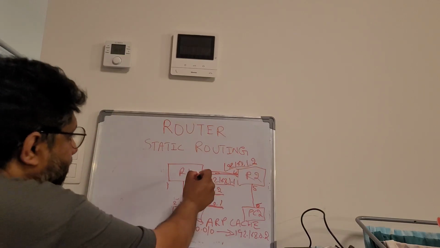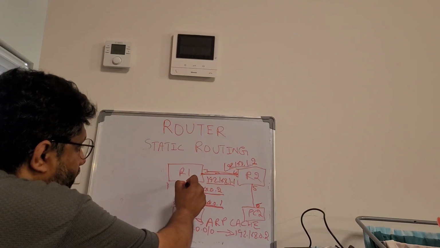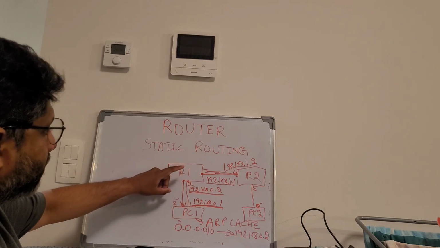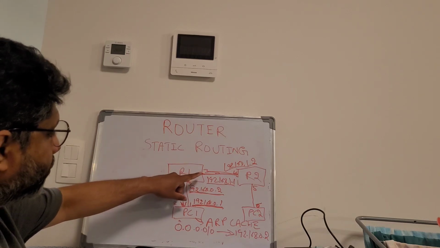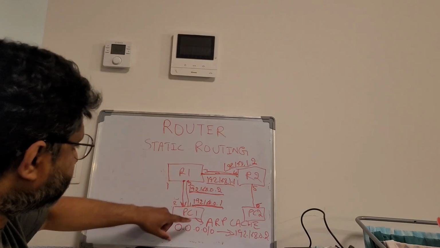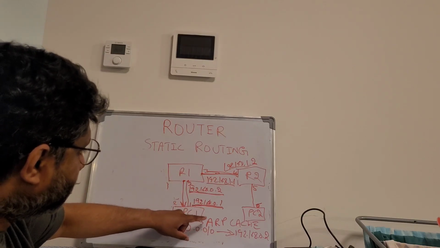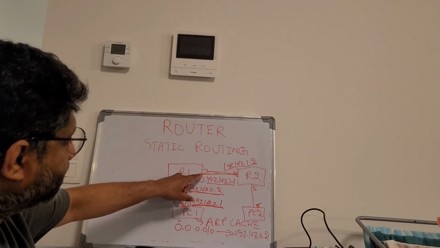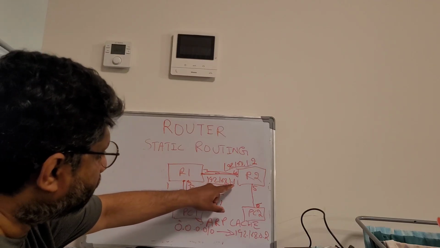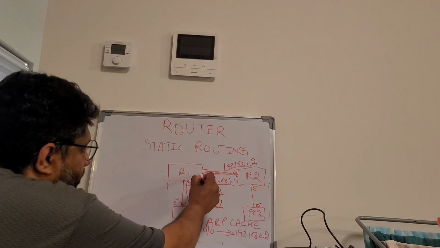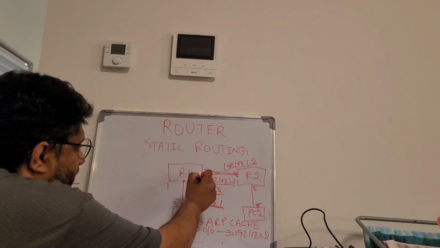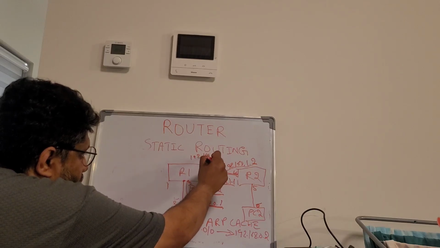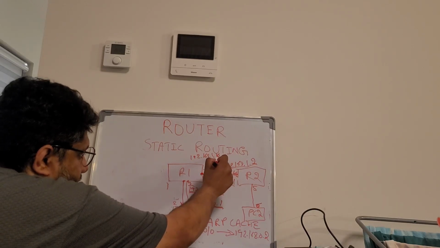It will fail because this router does not know, I'm wrong here. Since we are reaching 192.168.1.2, after adding the IP address 192.168.1.1, it is already known here that this interface is the interface to reach 192.168.1.0 or 1.x.